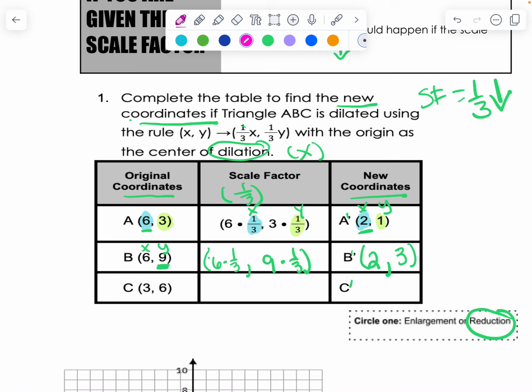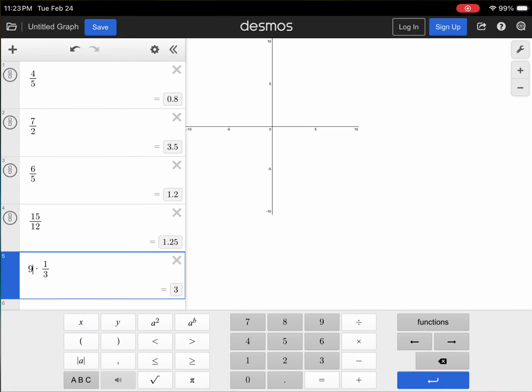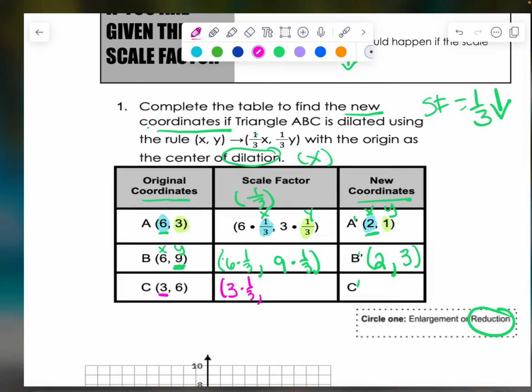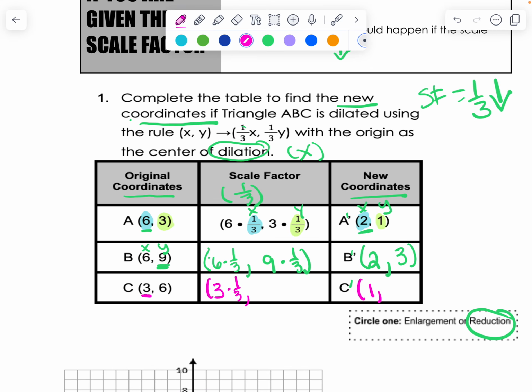Okay, we're going to do the same thing with the next one. So my x is 3 times my 1/3. Okay, 3 times 1/3 is going to be 1. That's my new x.